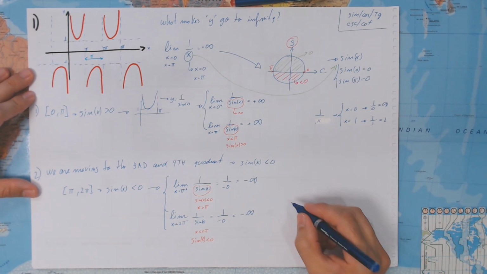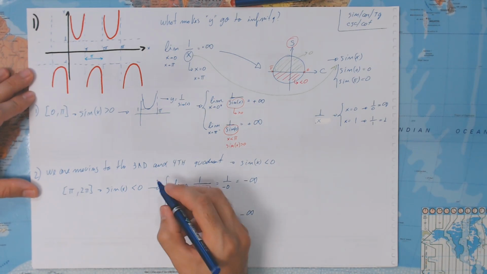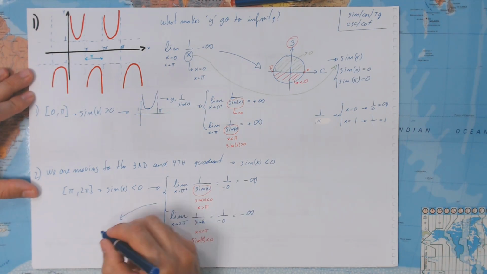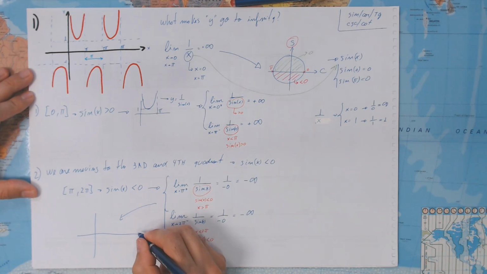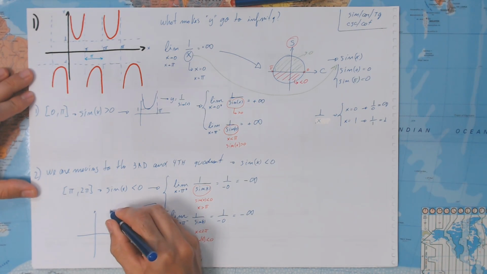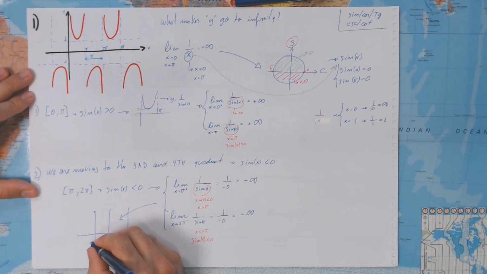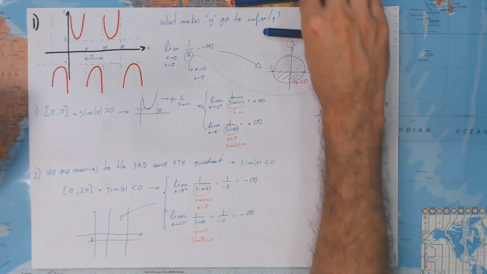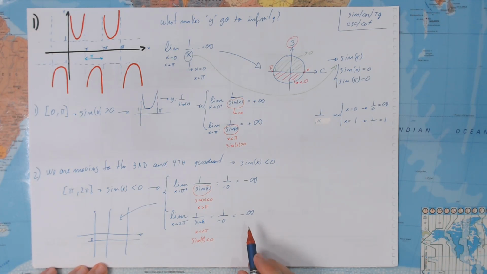And what does that bring to us? That brings to us this information in here. Well, this is going to be our chart. Okay, this is going to be 1. And our chart is going to be this.